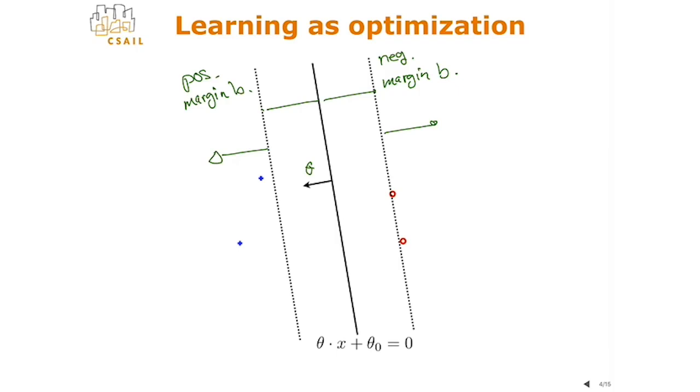Now, there are 2 aspects to this problem when we cast this into an optimization problem. One is this favoring margin boundaries that are far apart from the decision boundary. That's called a regularization term.